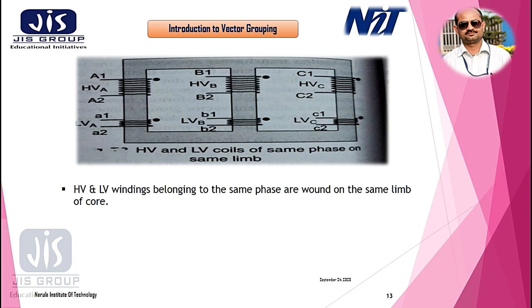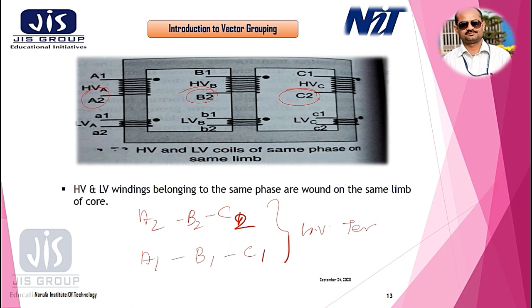The position of A2, B2, C2 of the high voltage terminal, we have seen: A2, B2, C2, A1, B1, C1 are the HV terminals, and the same is true for low voltage also.